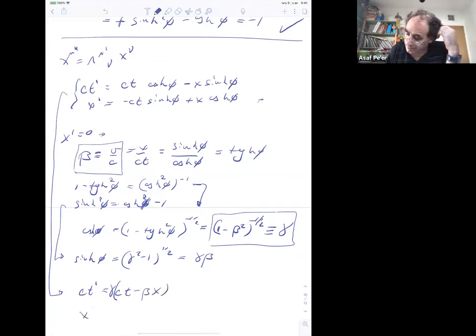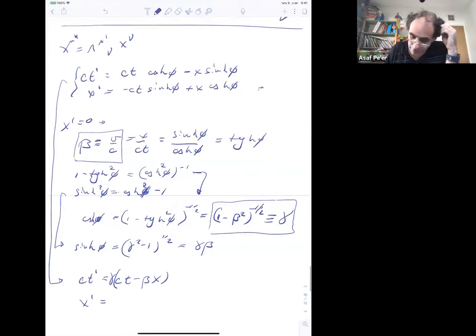And x prime is just gamma times x minus beta ct. And this I'm sure you've seen. Not sure if you've seen this rapidity form.